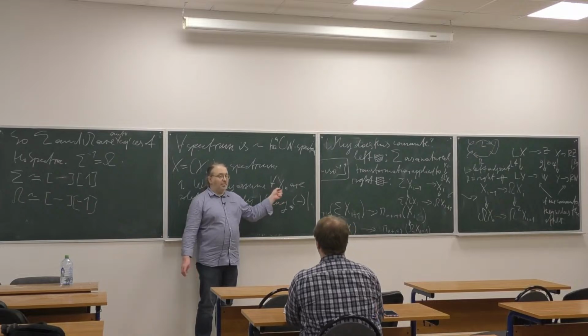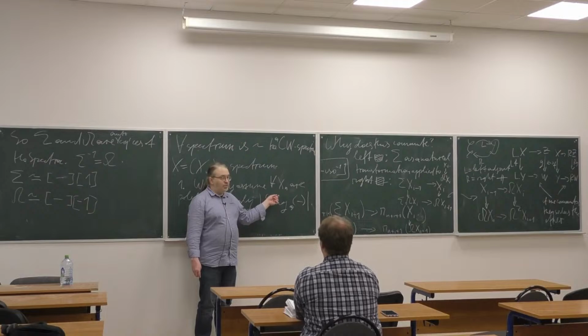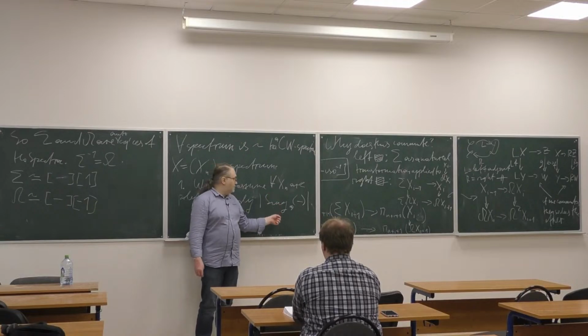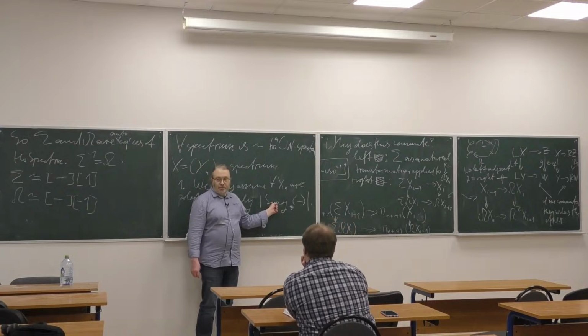I have a comparison map, and which way does it go? Does it go from X to this thing, or the other way around?